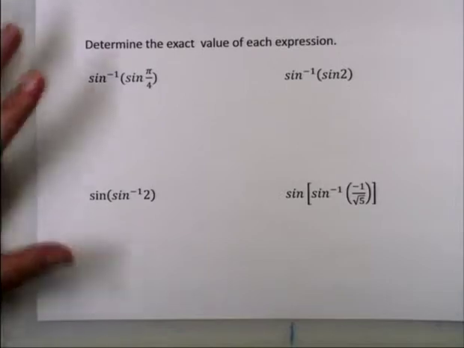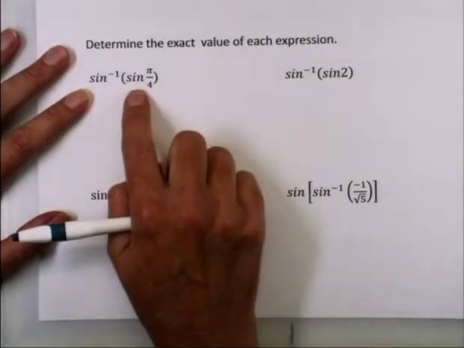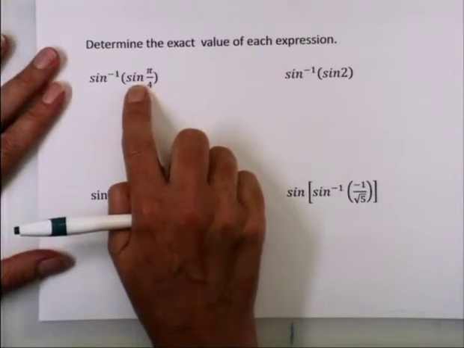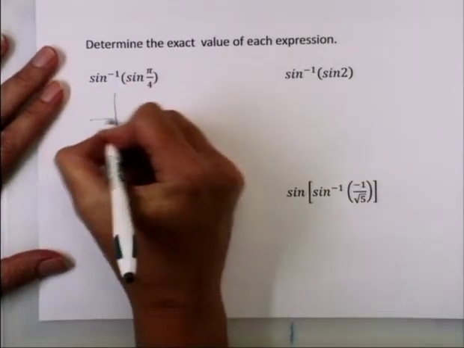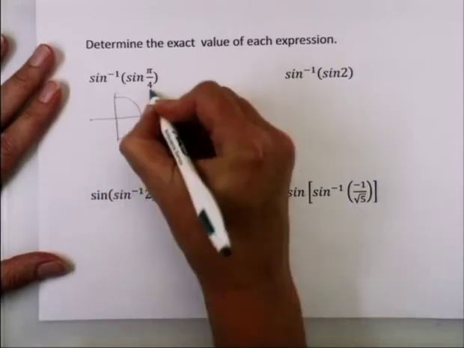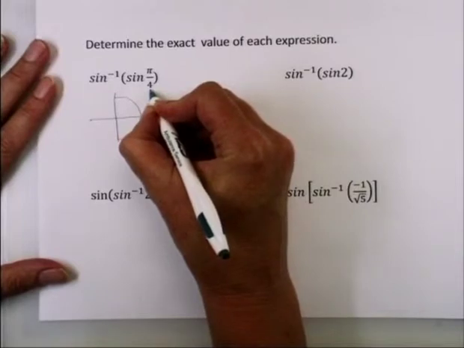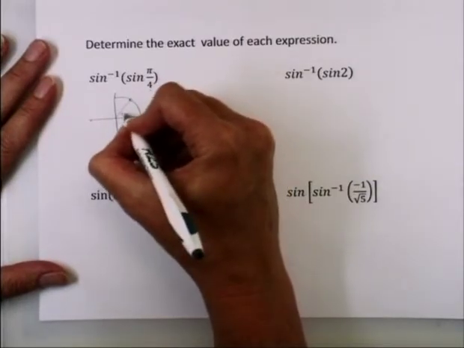The first one says the sine inverse of the sine of pi over 4. So this is the sine of an angle, and is pi over 4 in quadrants 1 or 4? Is it within the restricted domain? It is. Pi over 4 is right here, 45 degrees.